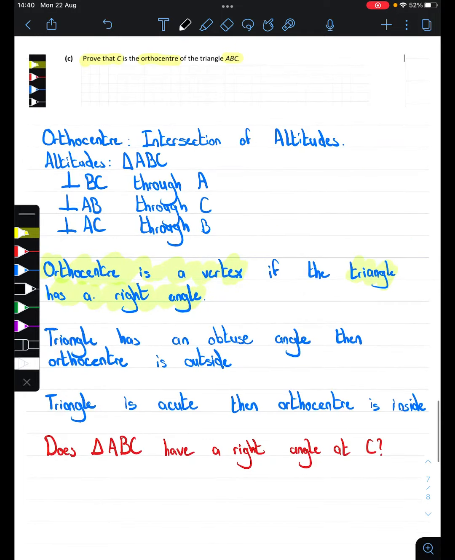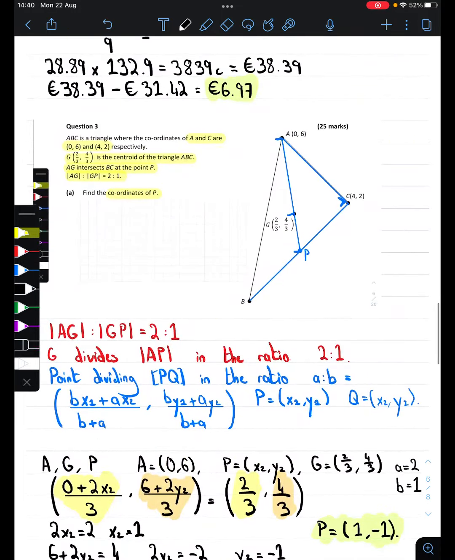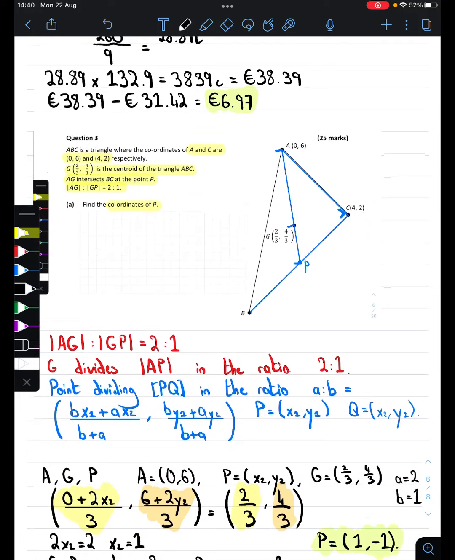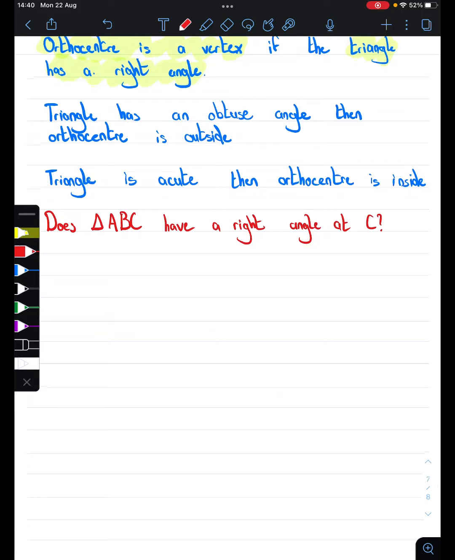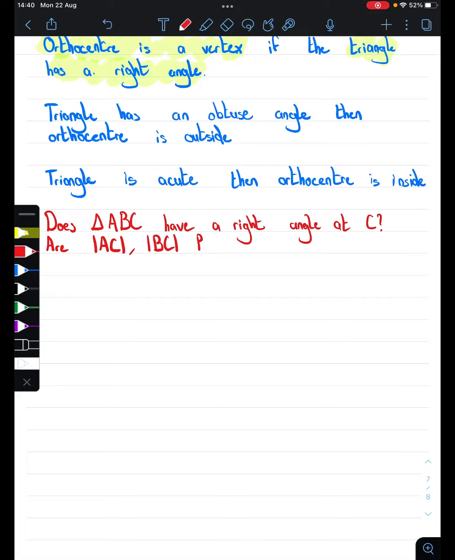Well, let's think about what it would take for this to be a right angle. If this was a right angle, as we talked about, then these two lines would be perpendicular. So are AC and BC perpendicular?